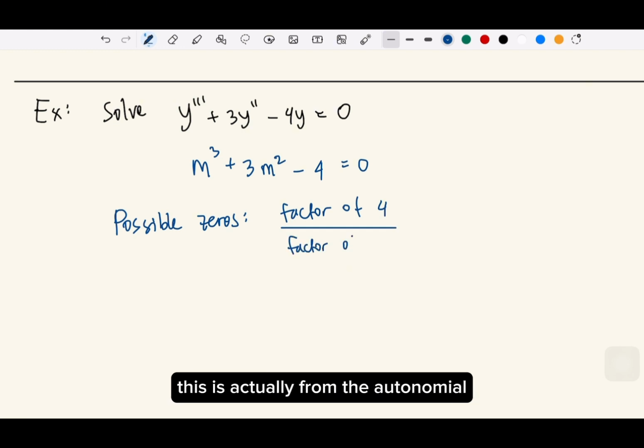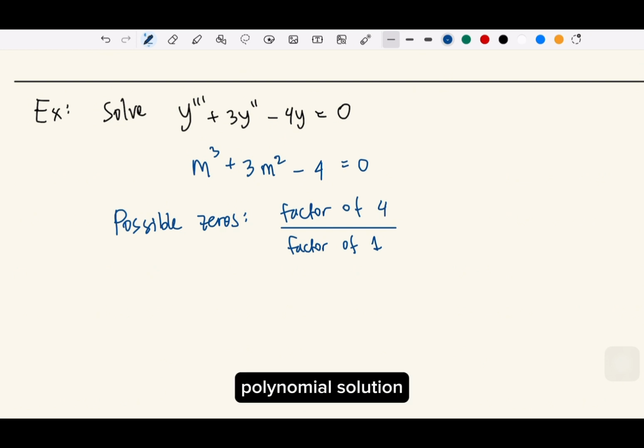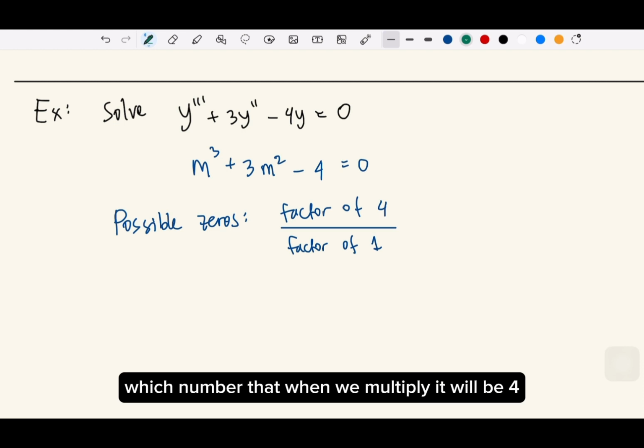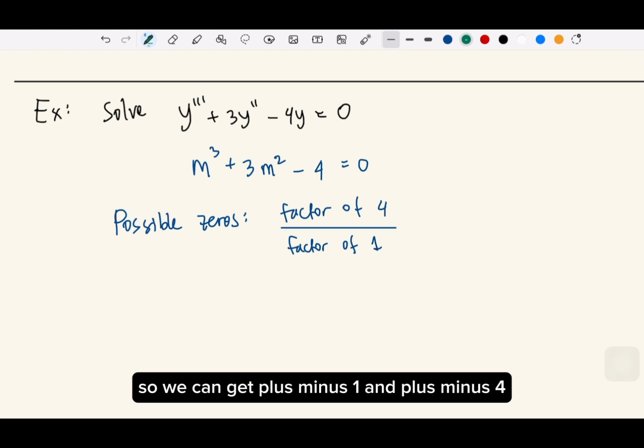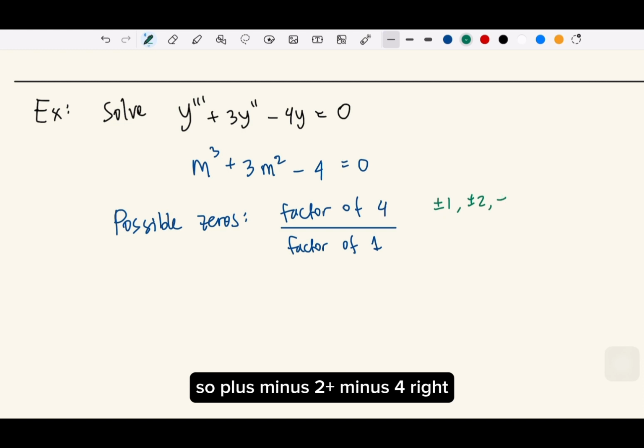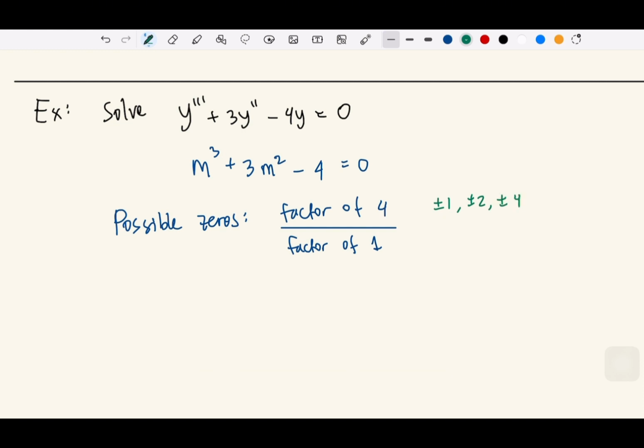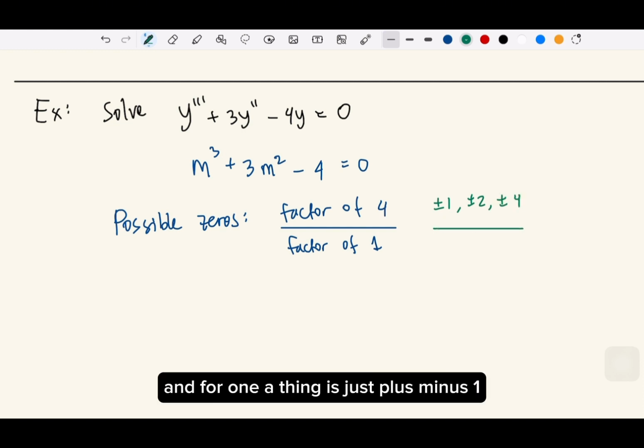This is actually from the polynomial solution. So factor of 4 means which number that when we multiply, it will be 4. So we can get plus minus 1, plus minus 2, plus minus 4, right? And for 1, I think it's just plus minus 1.